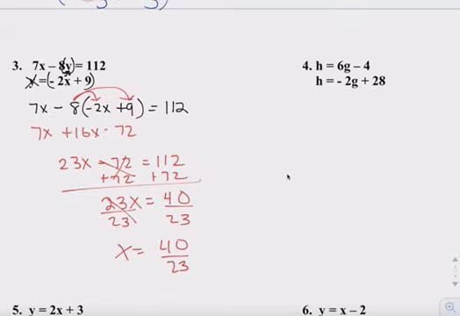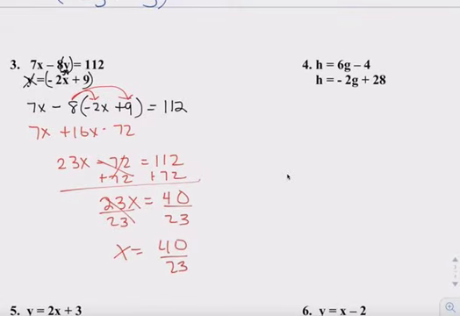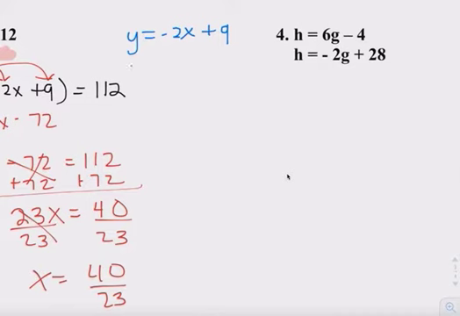Okay, which one do you want to use? Always choose the one that's y equals. That's always the easiest. So we got y equals negative 2x plus 9. So you put y equals negative 2 parentheses 40 over 23 plus 9.